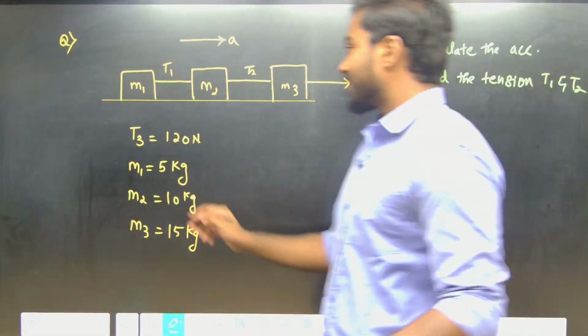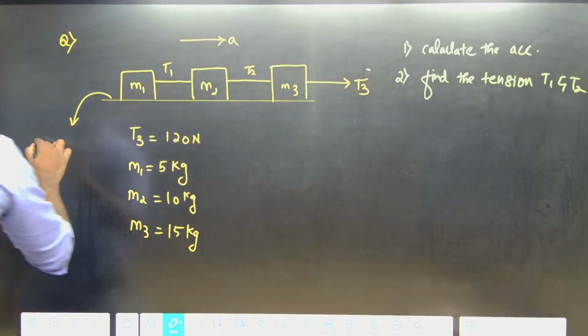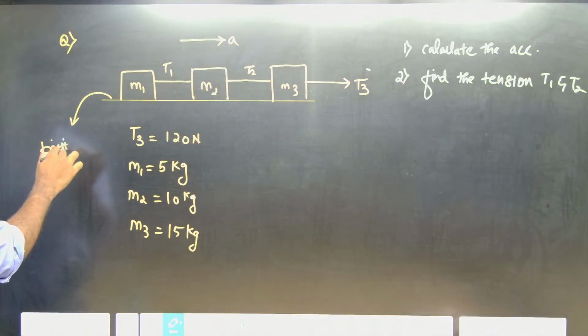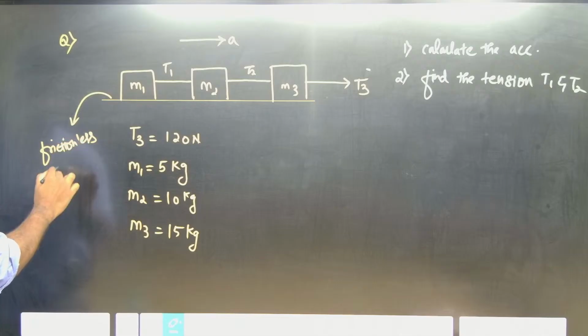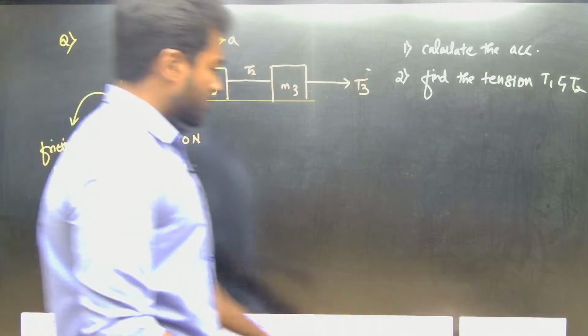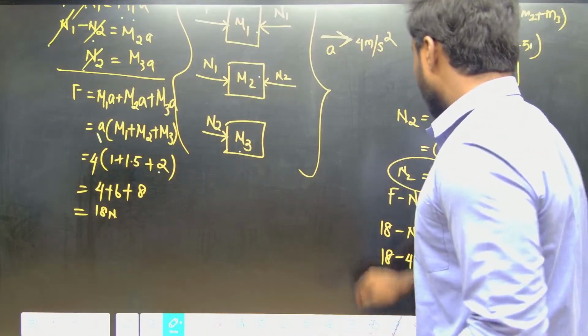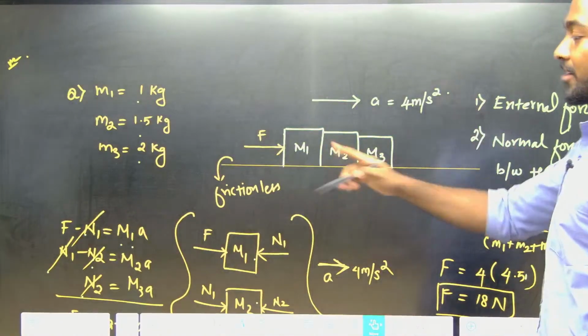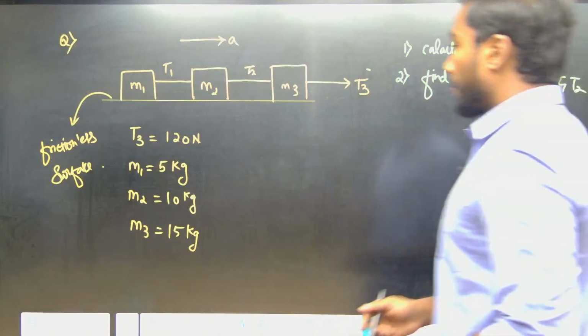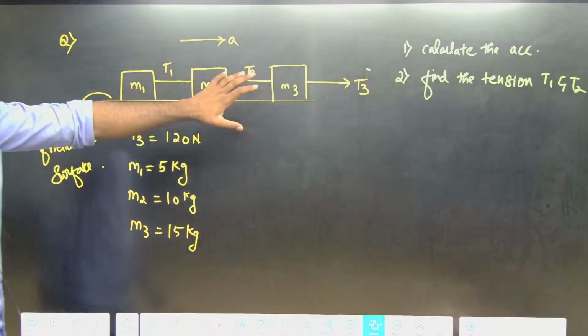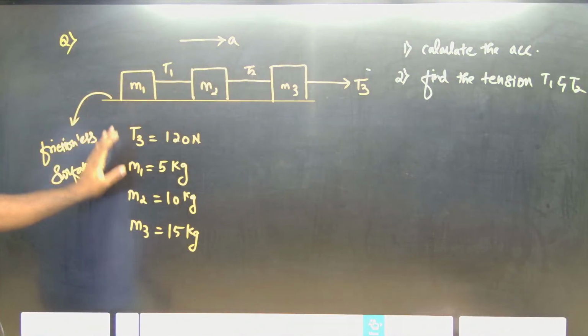And it's a frictionless surface they have mentioned. In the previous question also I guess it's a frictionless surface. T3, M1, M2, M3 they have given.